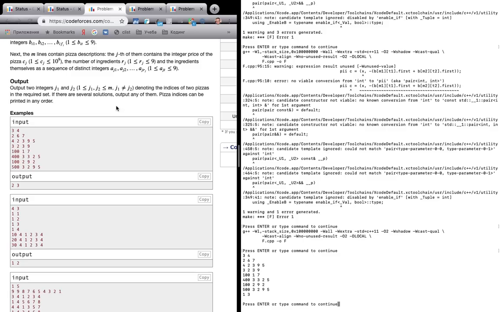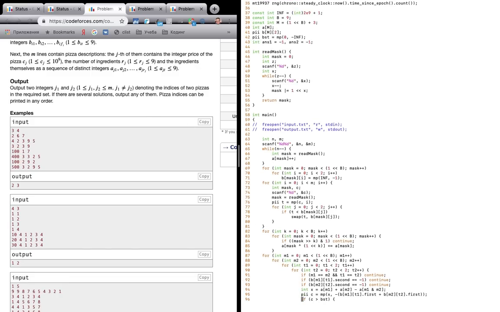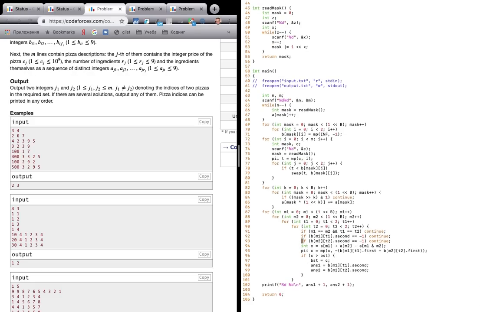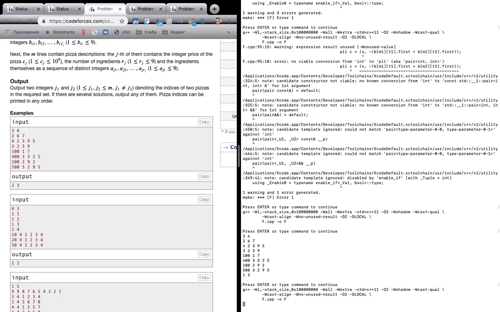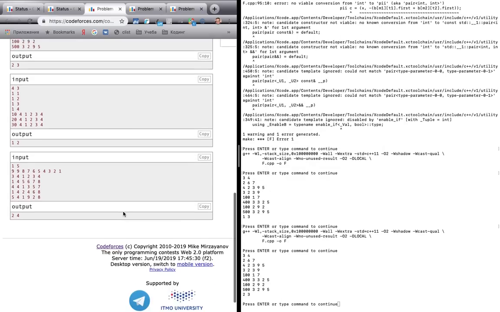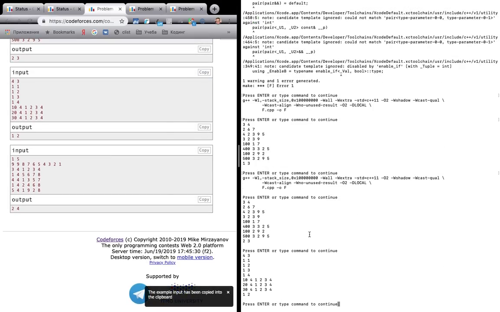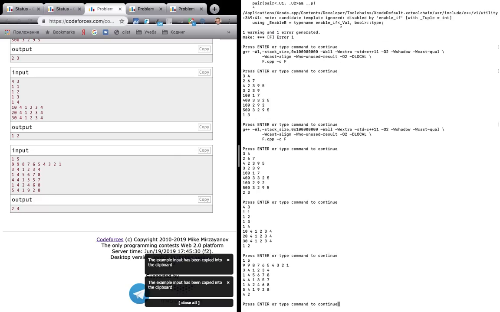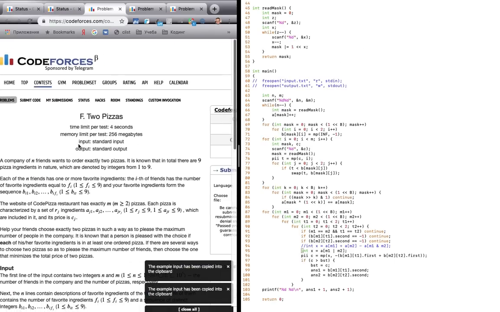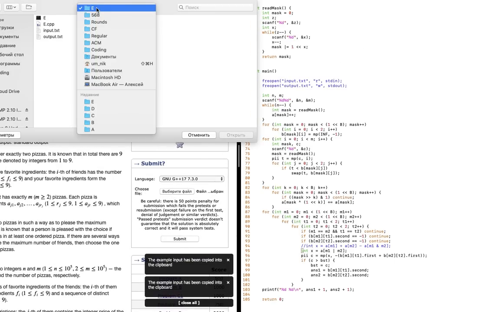Like, okay, the or of these two should. Okay, cool. Very interesting problem.